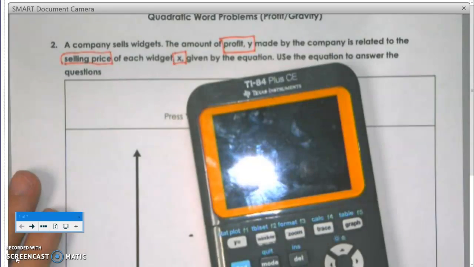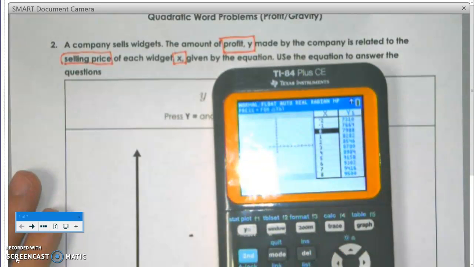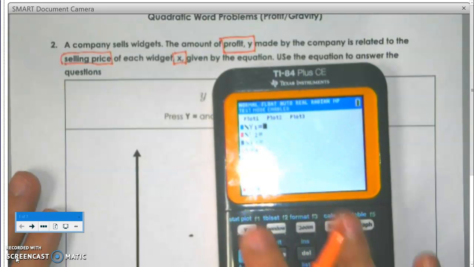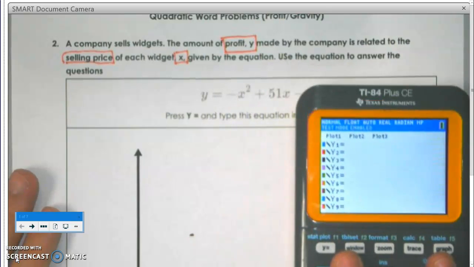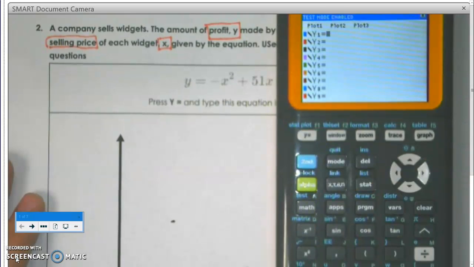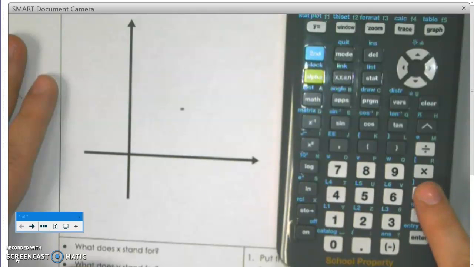So I am going to clear my calculator. Second plus 7, 1, 2. I'm going to push Y equals. And remember from the last video, if you read it out loud and you say the word negative, you push this button. If you say minus, you push this one.